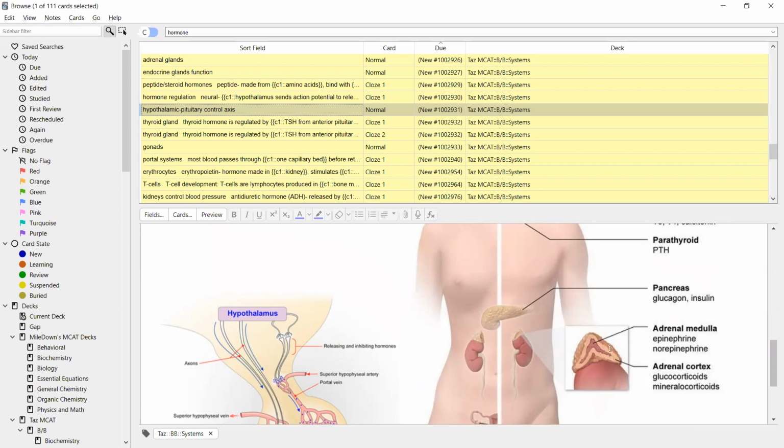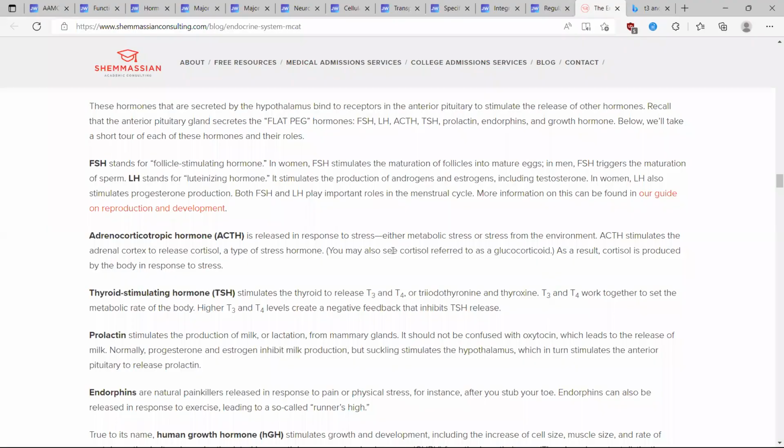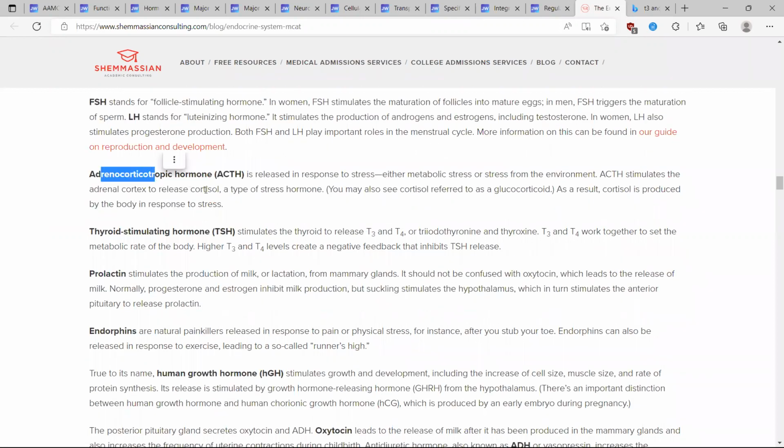So the adrenal medulla is in the middle, right? And the adrenal cortex is on the outer layer. The adrenal medulla can produce epinephrine and norepinephrine, or as you may have heard of it, adrenaline and noradrenaline, right? So these are our stress hormones, right? So what adrenocorticotropic hormone is doing is it's going to release it and then stimulate the cortex to release. Oh, sorry, I got confused. This one is for the cortisol.